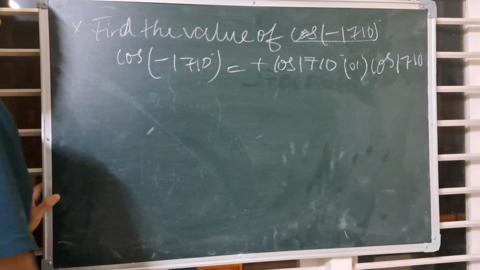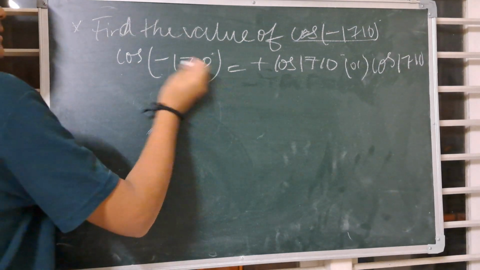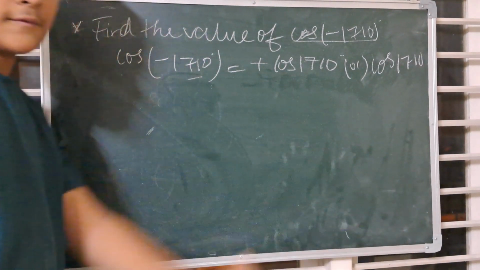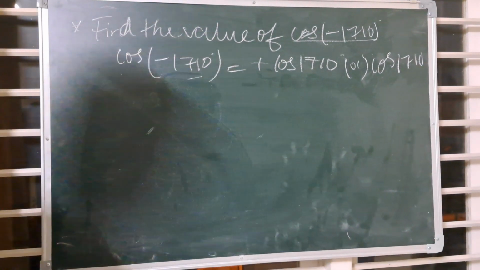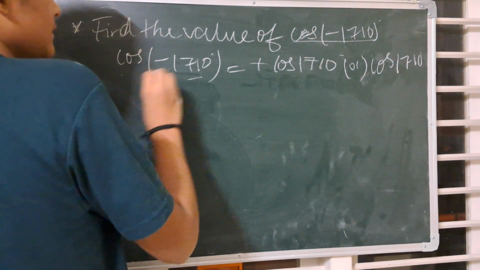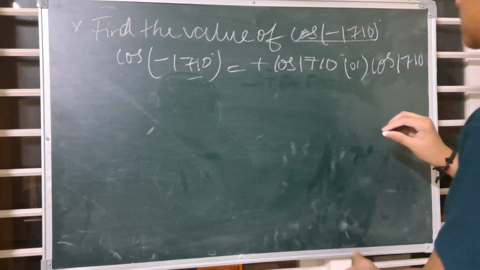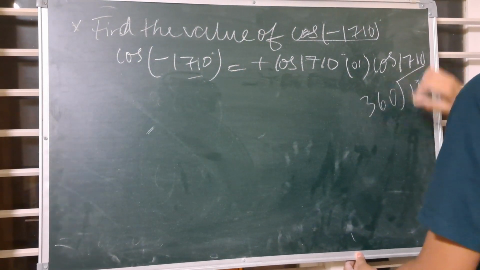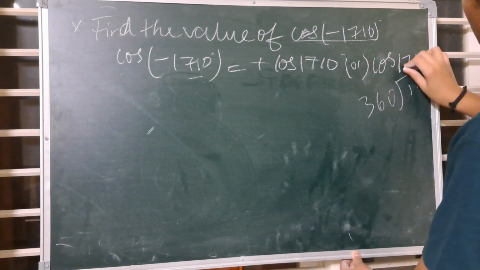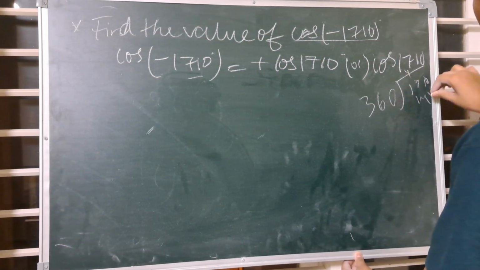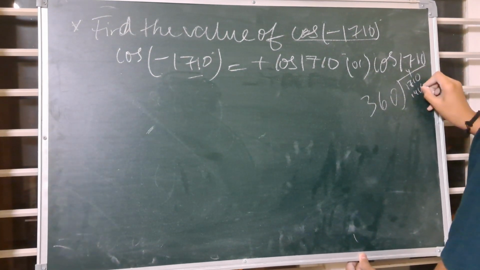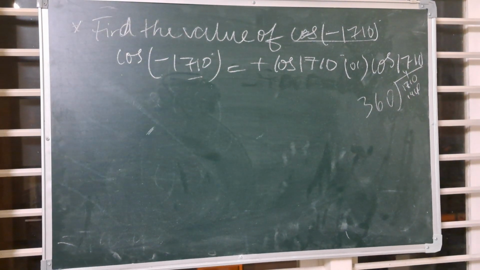So now we will follow the steps. Step 1: divide this number by 360. This calculation should be done on the rough side. So if we divide 1710 by 360, I think 4s are 1440, and 5s would be 1800, so that will not come.